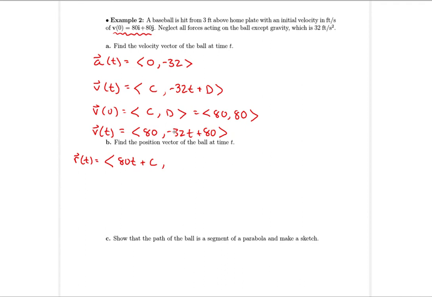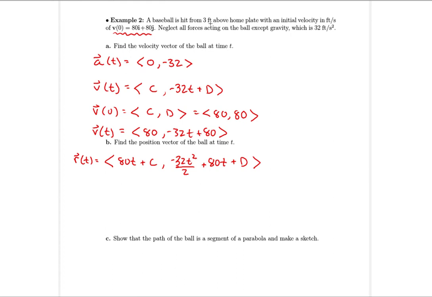All right, and then here, remember what we've got to do is take negative 32t squared over 2 plus 80t plus some constant, we'll call it d. All right. So do we have any initial information that tells us what c and d ought to be here? Well, they did say a baseball is hit 3 feet above home plate.